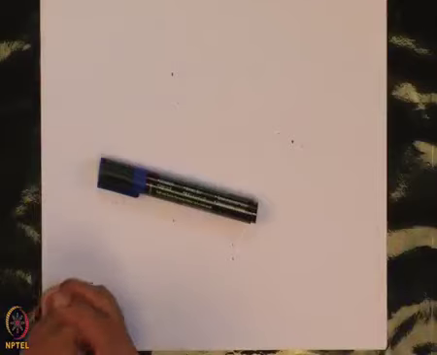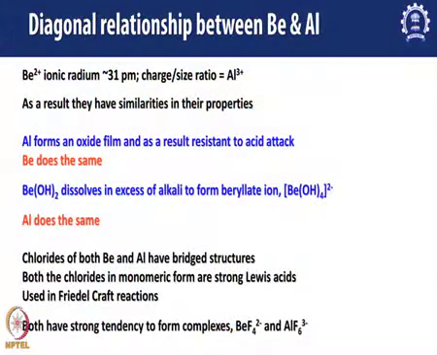So, now let us look into the diagonal relationship between beryllium and aluminum. If you look at the ionic radius of beryllium 2+, it is about 31 picometer, and the charge to size ratio is very high, and that can be compared to the size of aluminum 3+. Since both of them have very similar ionic radii, you can anticipate similarities in their properties.